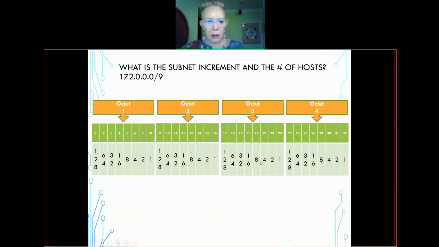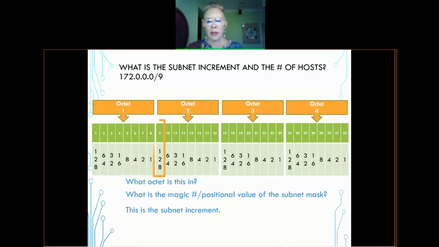All right, so here's another one. 172. Yep. So what octet is this in? Second octet, right? What's my subnet increment? Right, it's a 128. What would my next network address be?